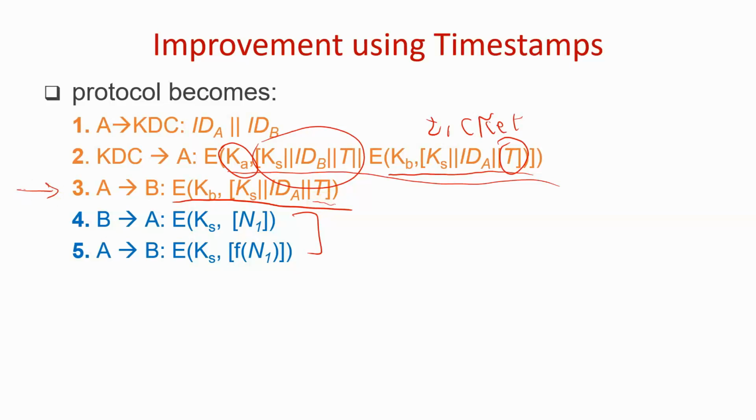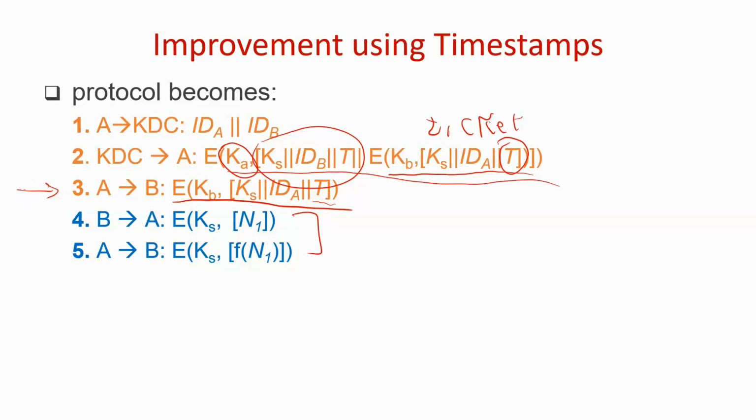So if the session key is retrieved after a long time and the time has expired, then once the attacker replays message 3, B will be able to detect that the ticket has expired, and so the session key in the ticket has expired as well. And so it will be able to detect that this is a replay and will not be fooled as last time. So this is actually the intention of the timestamps. And if they are built this way, they might circumvent a replay attack.